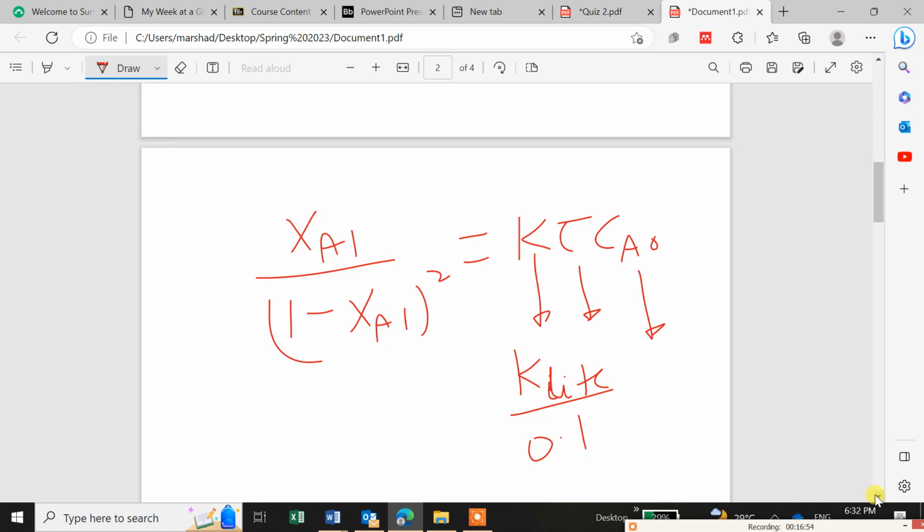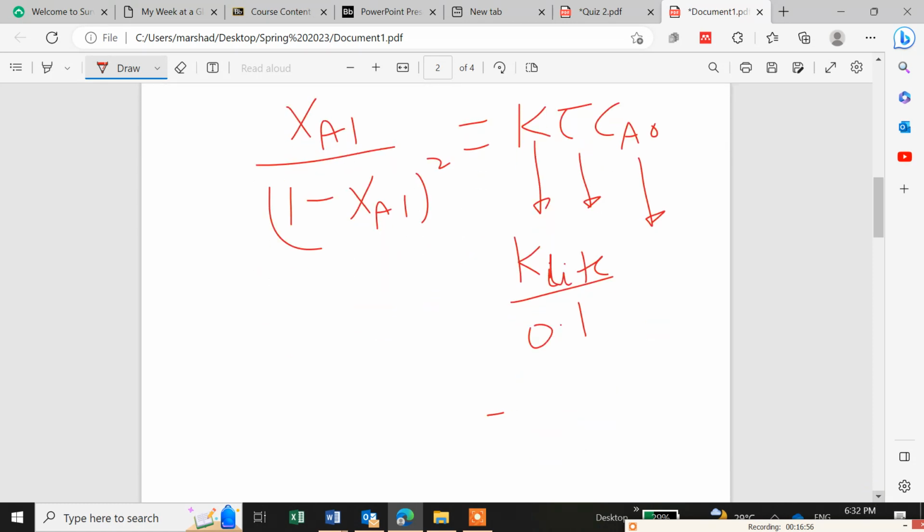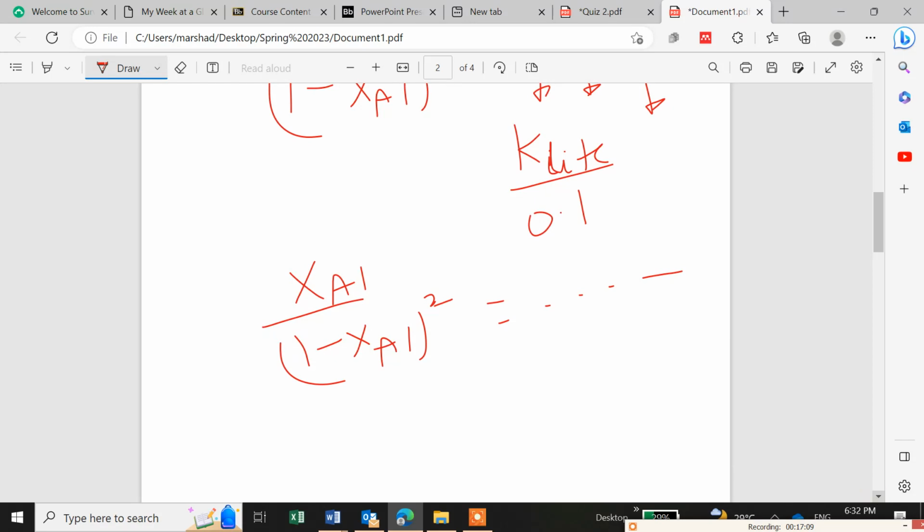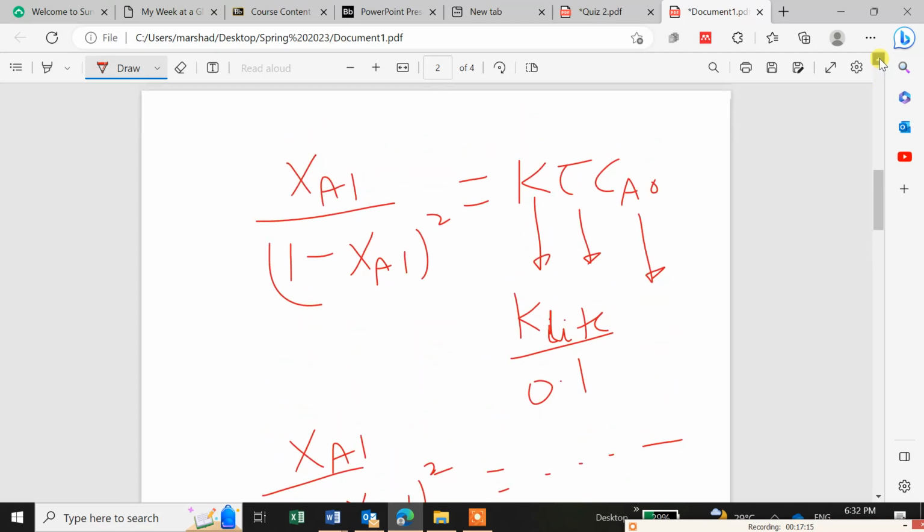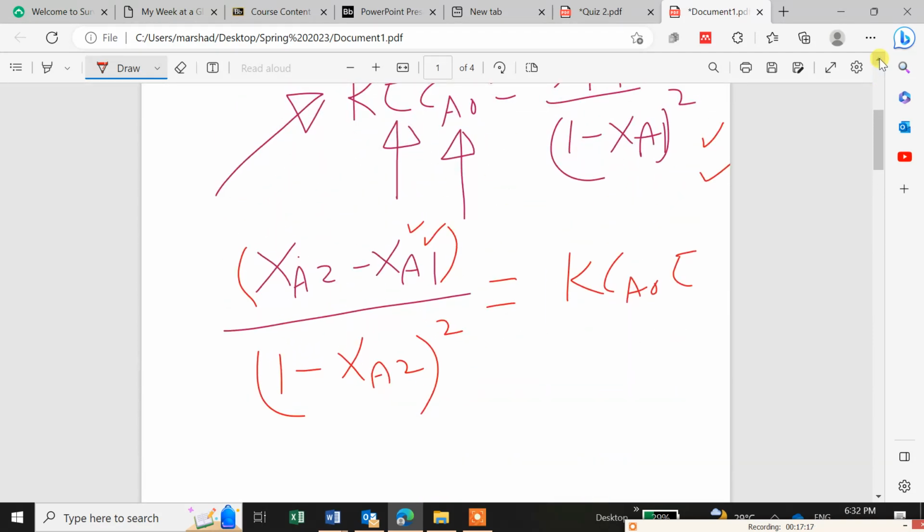So you can find this value, and using solver you can get XA1 theoretical. And then XA1 is known, you can get XA2 using this equation.